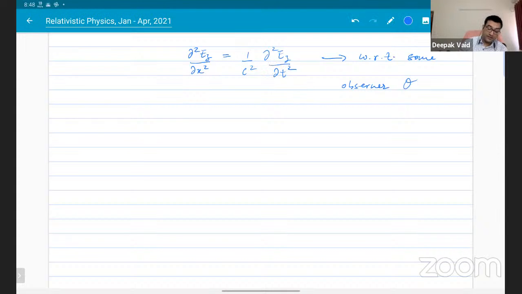And in those coordinates, that observer is making a measurement of this electric field, and they find that the electric field has this dependence on x and t.